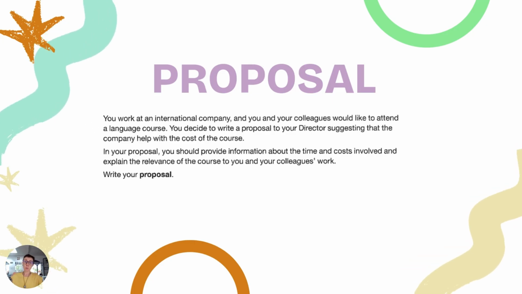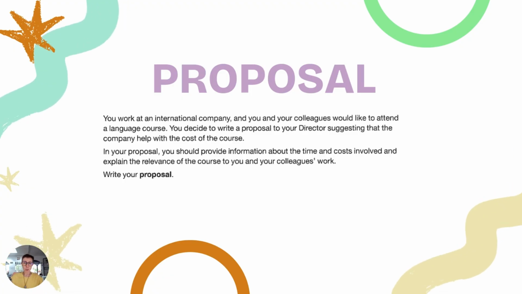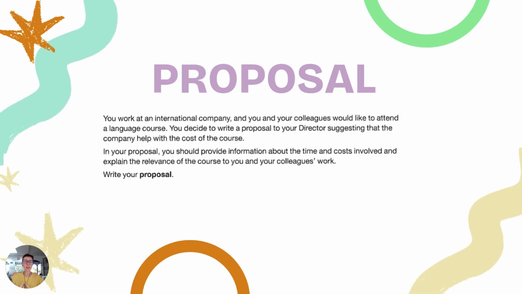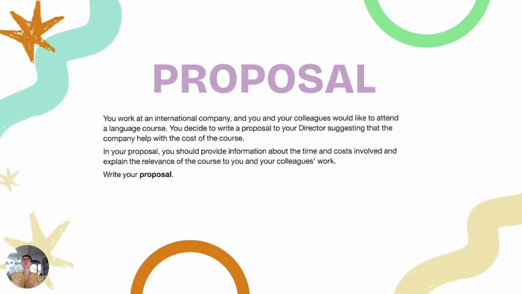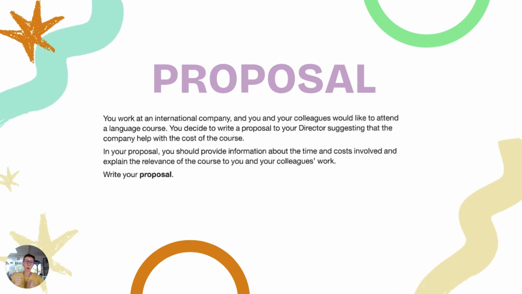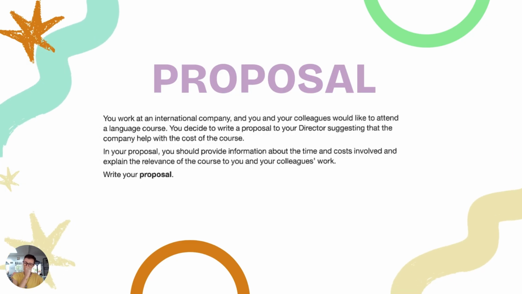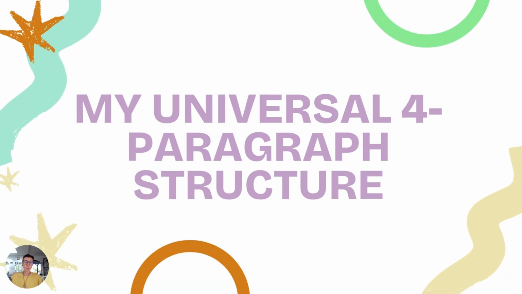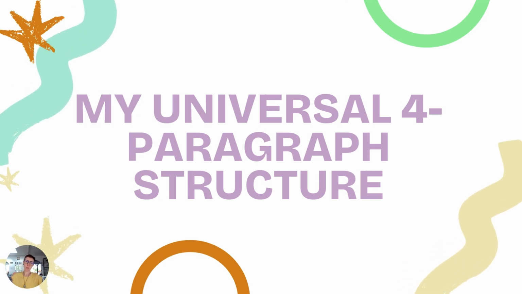So in this case, in your proposal, you need to give your director all of the information about the course, so the time and the cost involved, and why is that course relevant to you and your colleagues. So in essence, you're trying to persuade someone to give you money for something or to do something for you with your proposal. So there you have the 4 different options: your letter, email, review, report, your proposal.